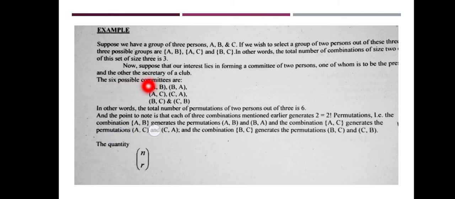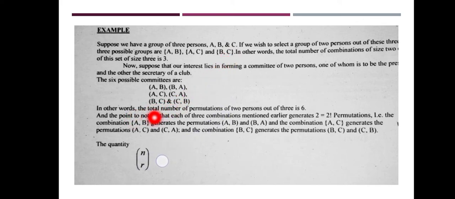Then from the combination AB, 2 permutations can be generated, AB and BA. From the combination AC, AC and CA. And from the combination BC, BC and CB.